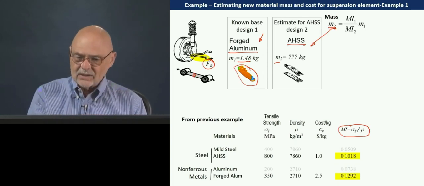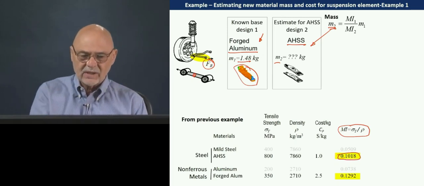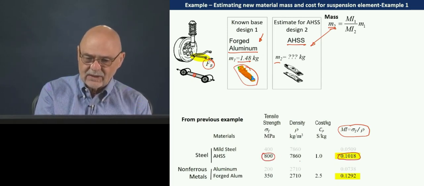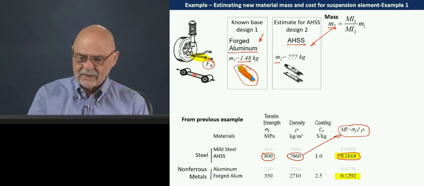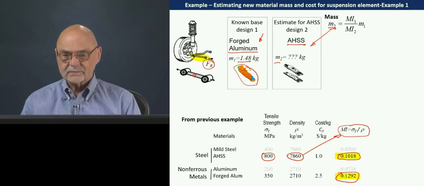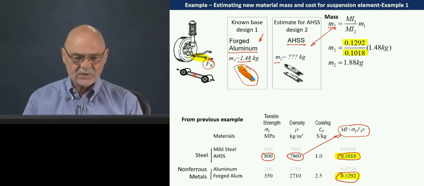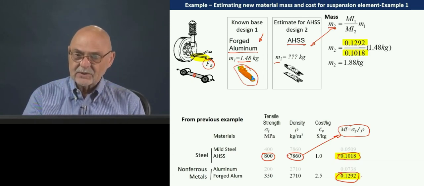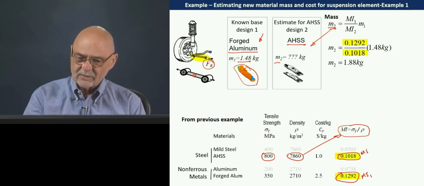We got these material indices for advanced high-strength steel and for forged aluminum by plugging into this equation. This is material index number 1. This is material index number 2.